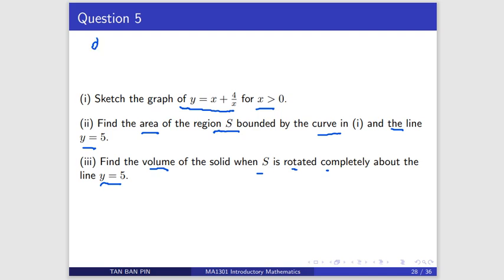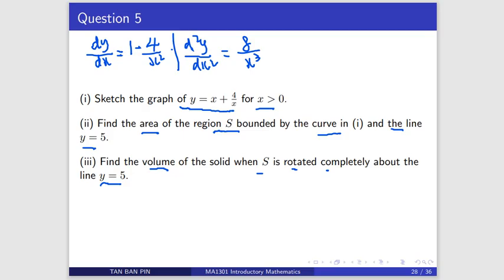To sketch a curve, you can work out dy dx. You look for possible turning points, maximum point, minimum point. dy dx is 1 minus 4 over x squared. If you set dy dx to 0, you can solve for x. You can also find d2y dx squared, which gives you 8 over x cubed.